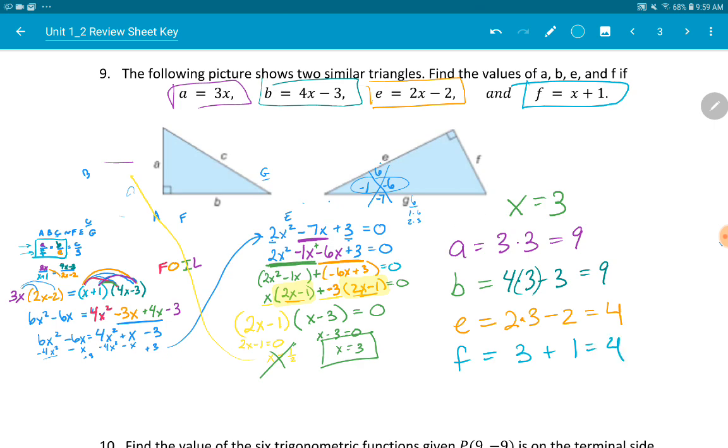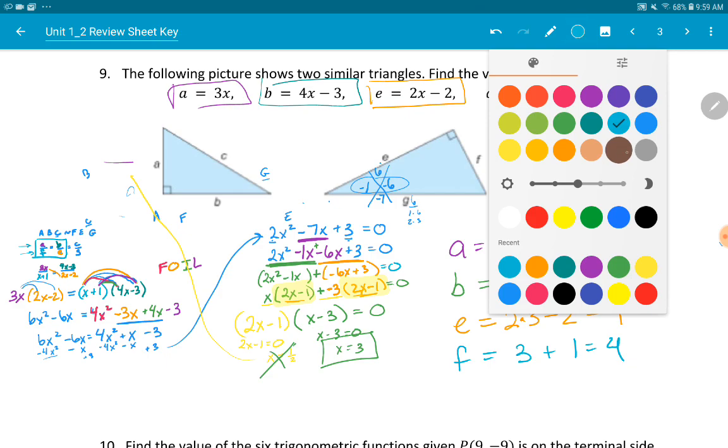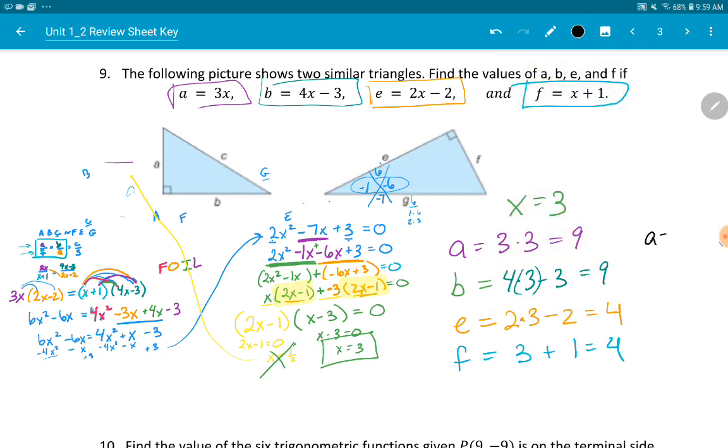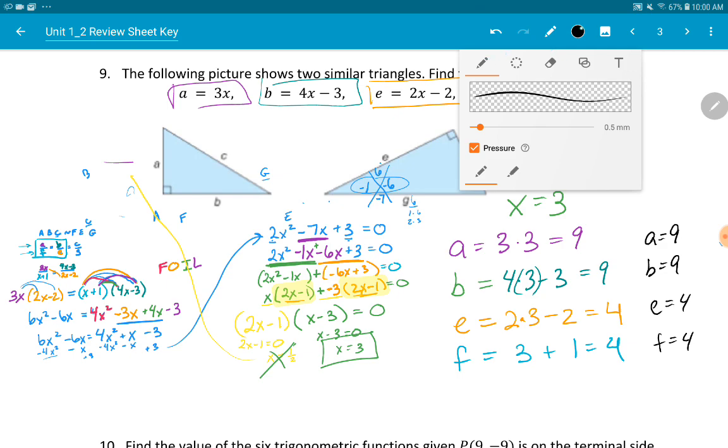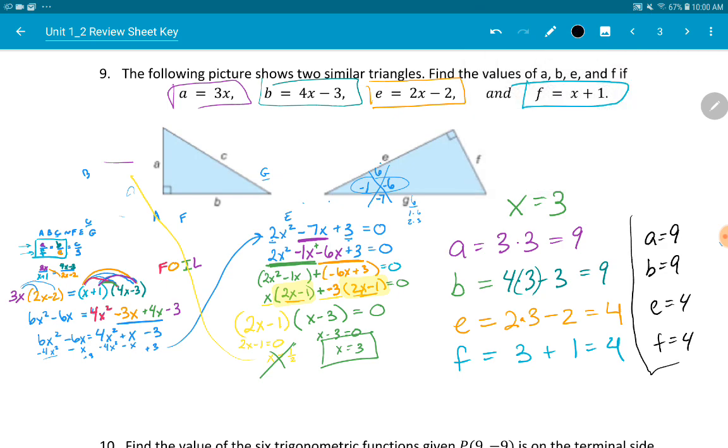So there are my answers: a equals 9, b equals 9, e equals 4, and f equals 4. It turns out these are 45-45 isosceles triangles, not drawn to scale, as you can see. And that is my final answer.